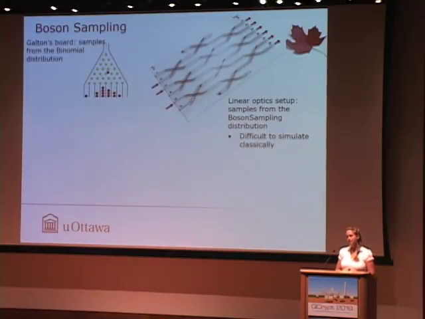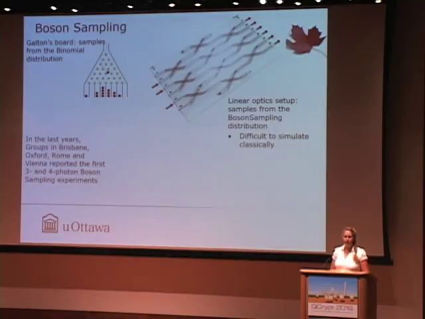So this is an example. We're not going to talk any further about boson sampling, but just to show you that we're already reaching the limits of what we can predict computationally, but however we can build some of these experiments. Boson sampling is a problem of sampling. This experimental setup samples from the binomial distribution: put a marble here, and then it goes down here, and that gives you a probability distribution. This one here samples from the boson sampling distribution, and it's reputed to be difficult to simulate classically.